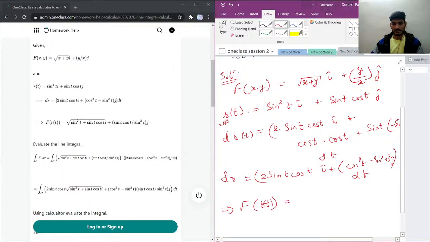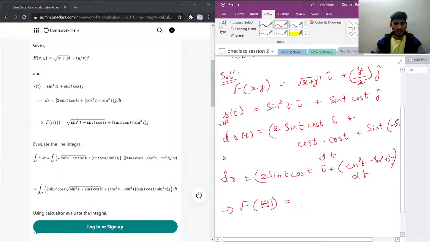It is like a composite function, so we are basically calculating g of f of x or f of g of x. So in the composite fashion, in the place of x, what was the function? It was sine square t, sine t cosine t.